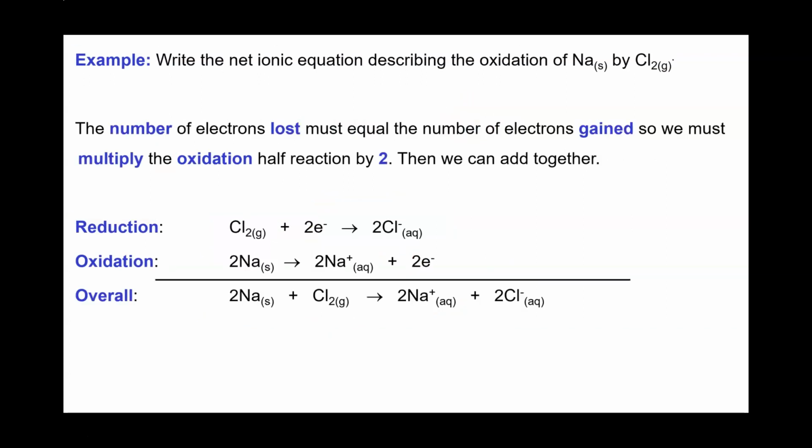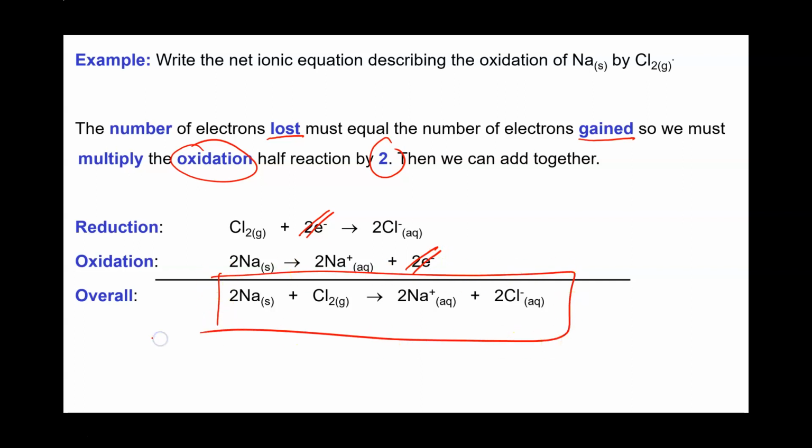I have to have the same number of electrons being lost by whatever is being oxidized as the number of electrons being gained by whatever is being reduced. So in this case, I have to multiply my sodium reaction by 2 before we can add these together. Then we can add these together, cancelling electrons, and we get our overall balanced redox equation.